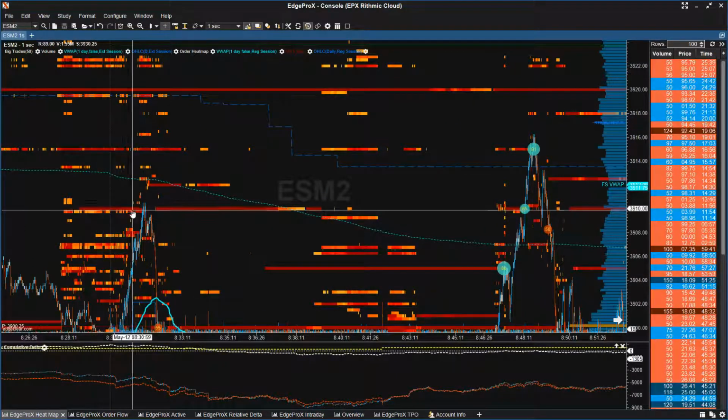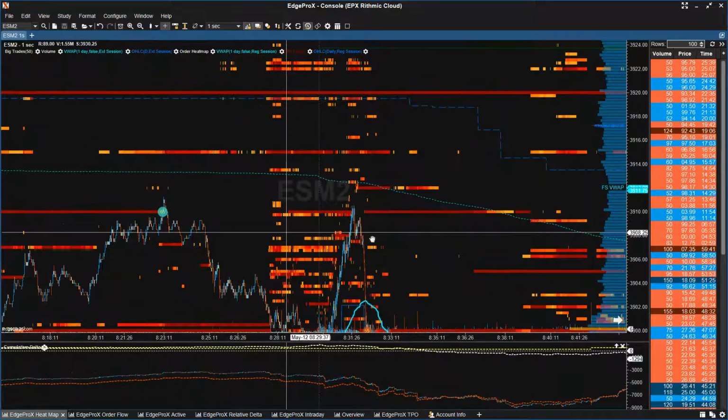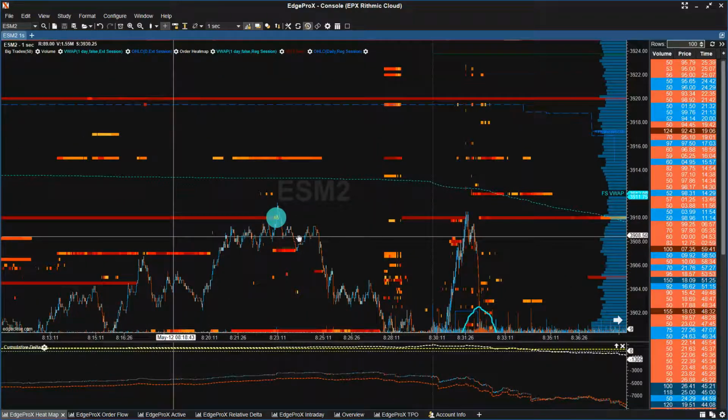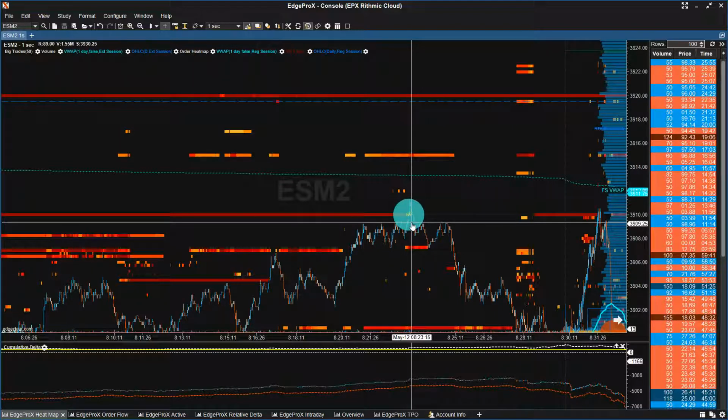But you can see the first divergent test of 39.10 results in a collision, but there isn't enough size here to give me a bubble. But this is size that got traded. Oh, there it is. This is size that got traded into, and it gives us a significant event that we see and can lean on in the order flow.